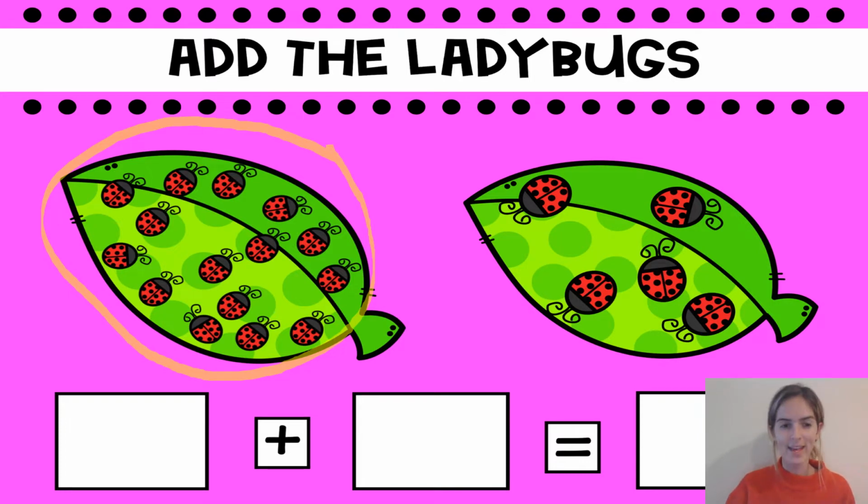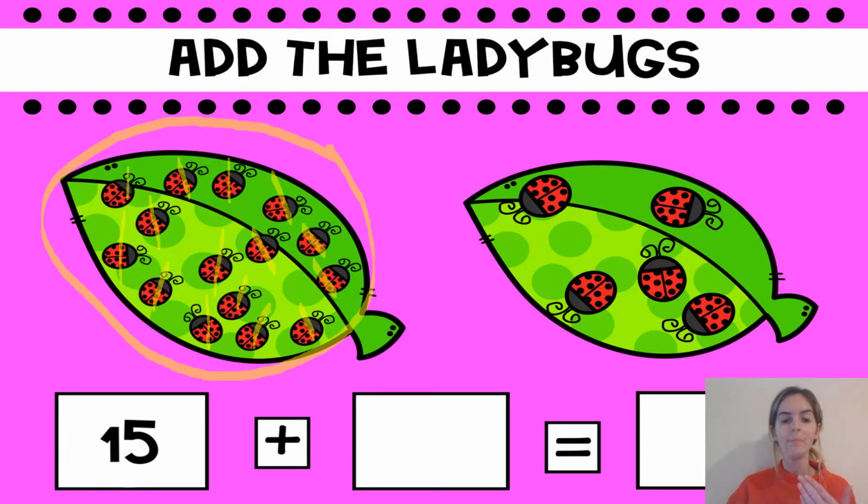Let's count together. 1, 2, 3, 4, 5, 6, 7, 8, 9, 10, 11, 12, 13, 14, 15. There's 15 there. So that's going to be at the beginning of my number sentence.